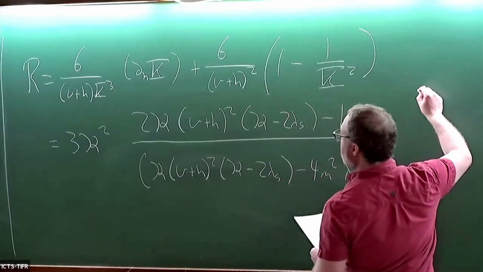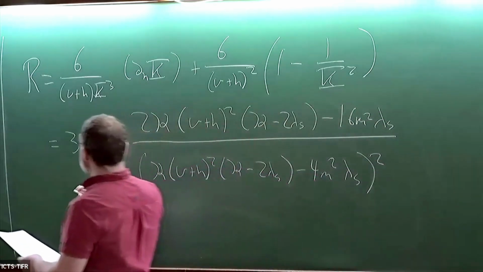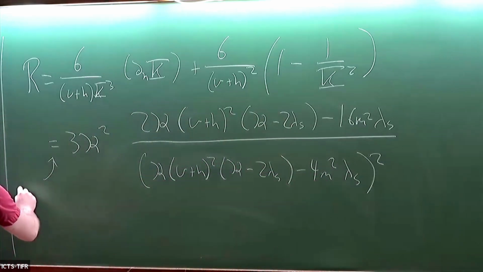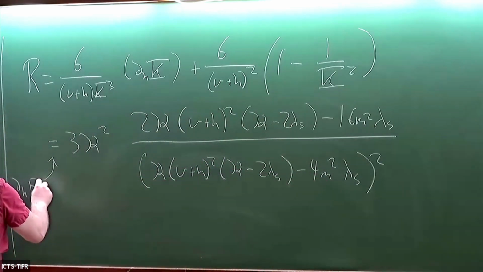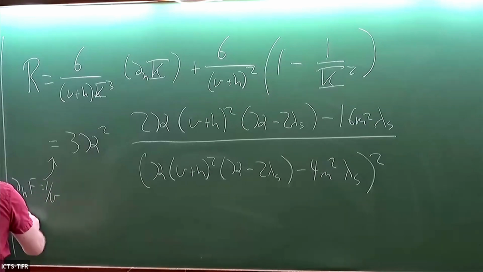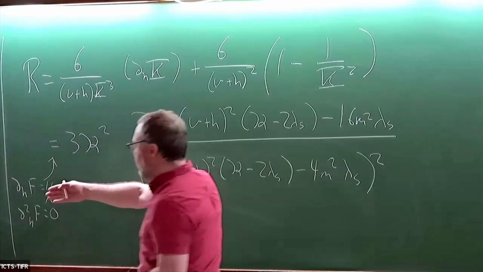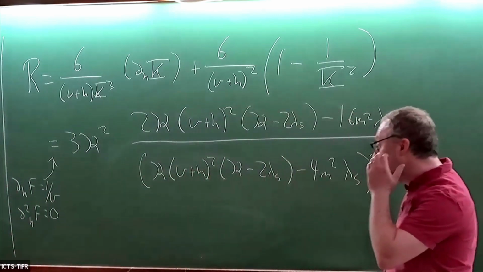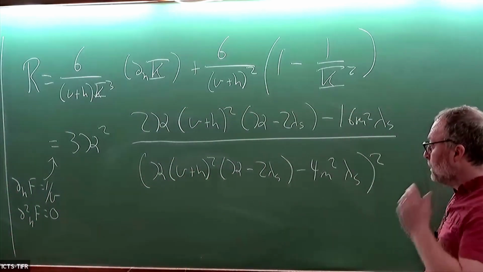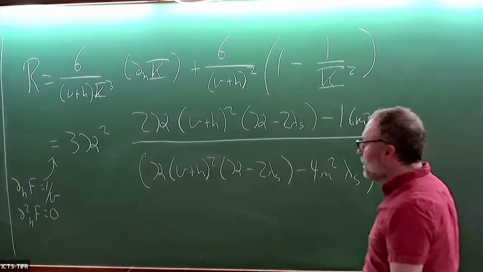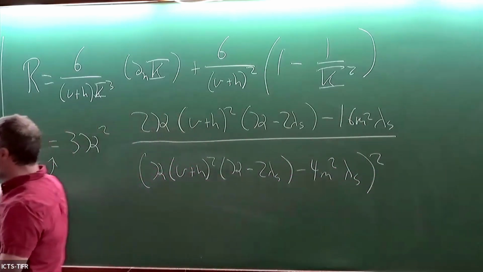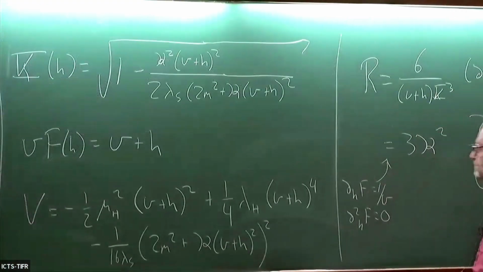Okay, and here I used that DHF is 1 over V and D squared HF is 0 in this example, just because F is so simple. Right, you can see this trivially follows from here, okay?